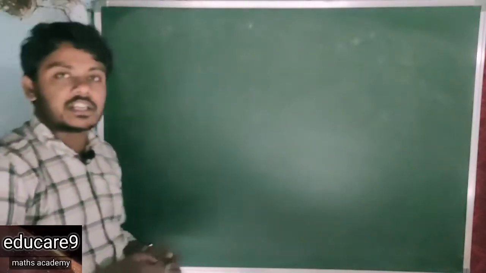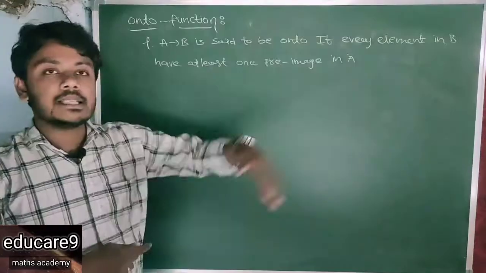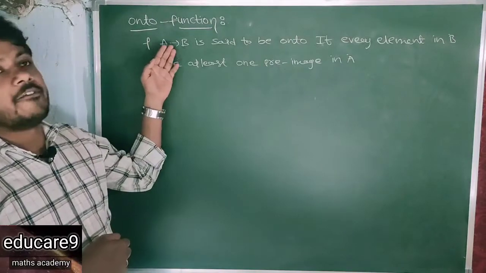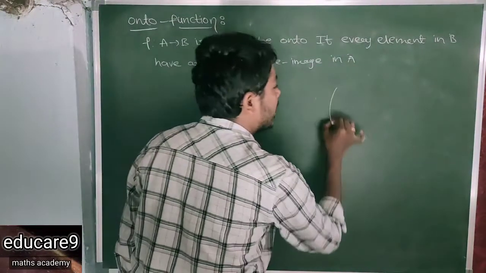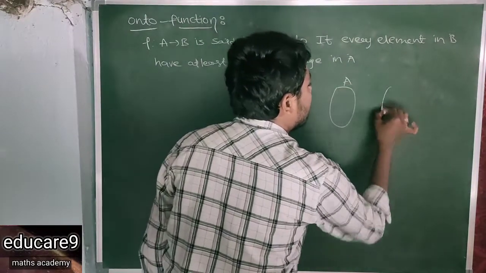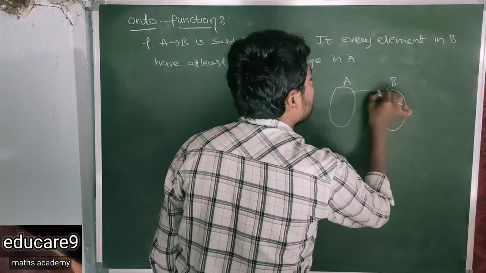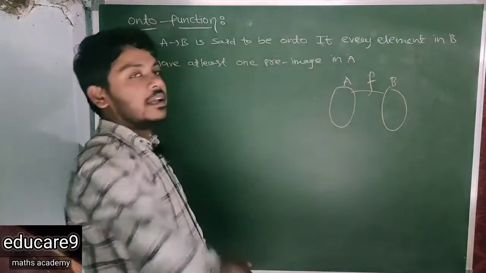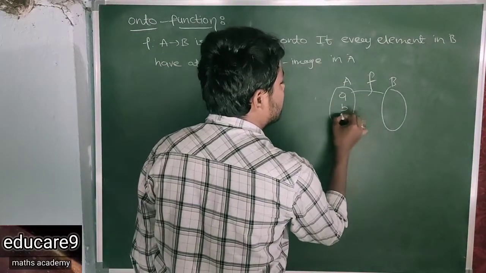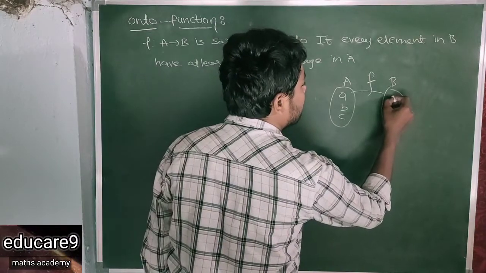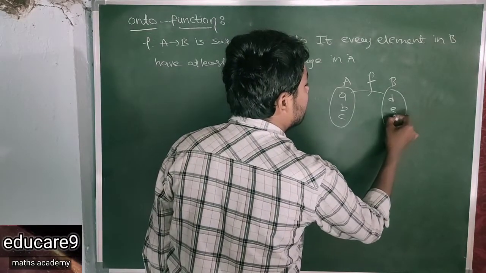So the next definition: onto function. A function f from A to B is said to be onto. See here, this is A and this is B. Here A and B are two non-empty sets. A has the elements a, b, c and B has the elements d, e, f.